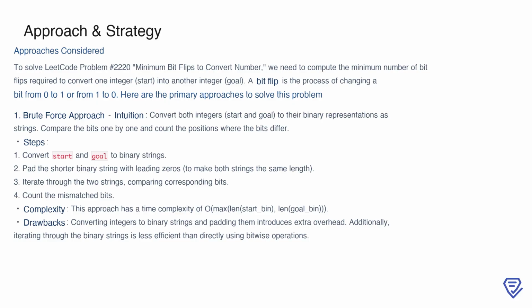Each mismatch represents a bit flip. While this approach is straightforward and easy to understand, it introduces unnecessary overhead from string conversions and padding. Additionally, iterating through binary strings is less efficient when compared to leveraging bitwise operations. Thus, while the brute force method is valid, it is suboptimal in terms of performance and scalability.